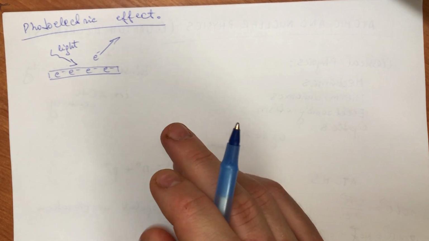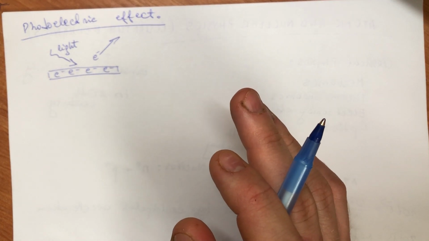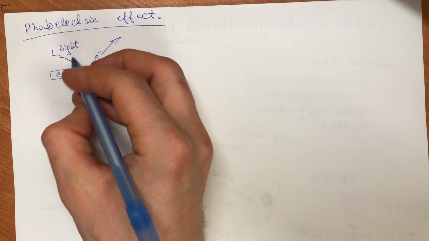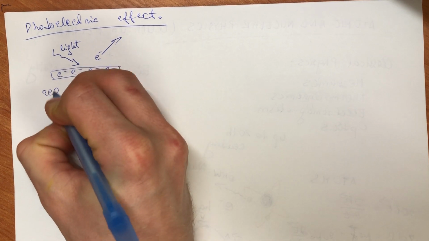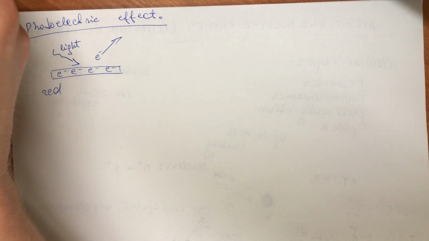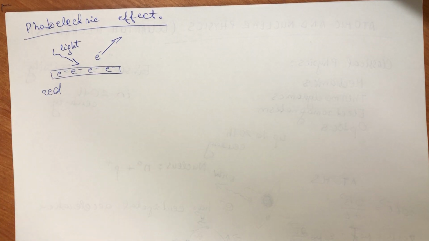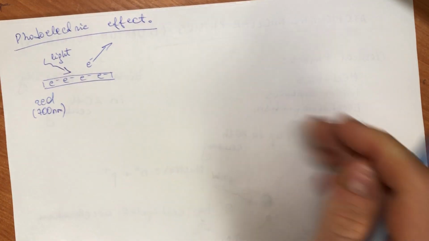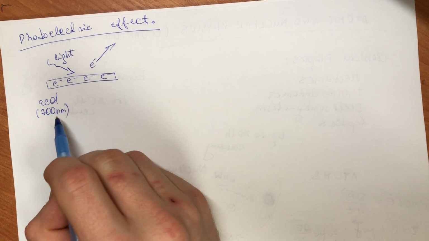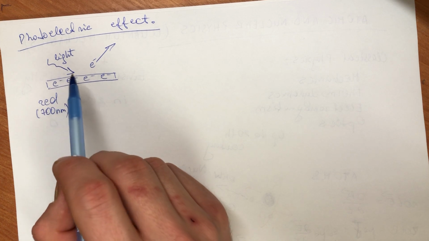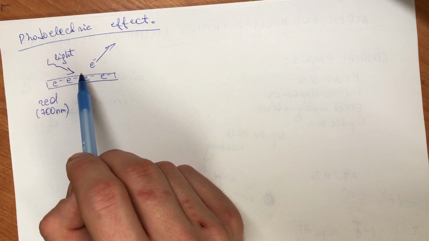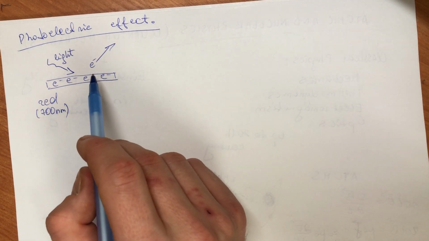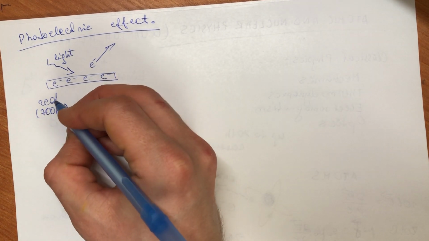But what was strange was that if the color of this light was red, as you remember, red has about 700 nanometers, so it is rather long compared to other colors in the visible.